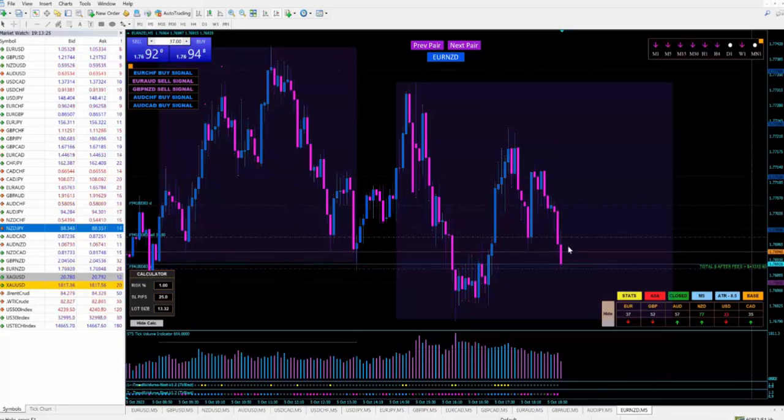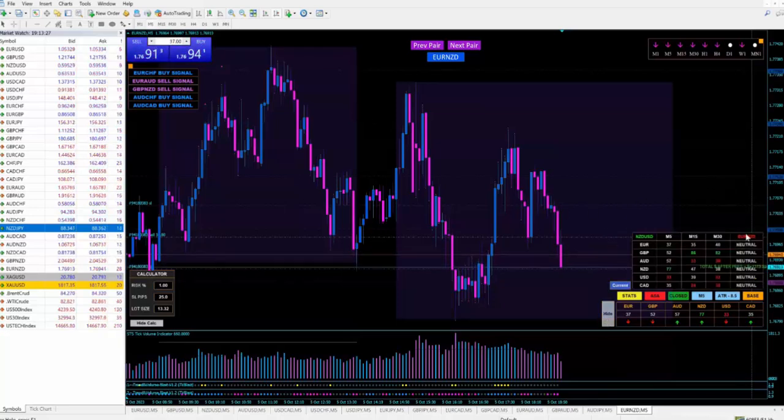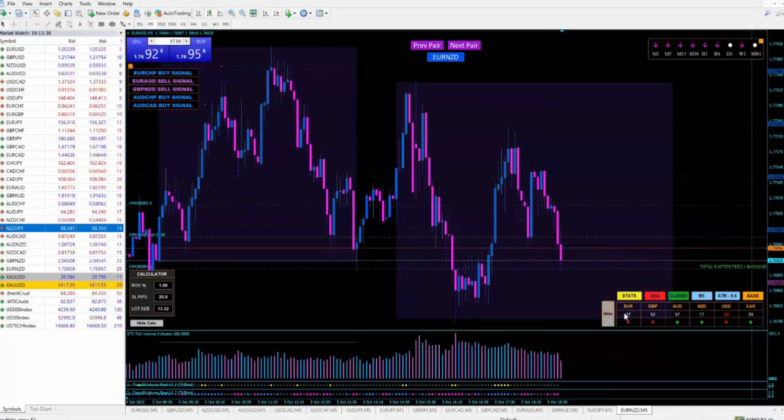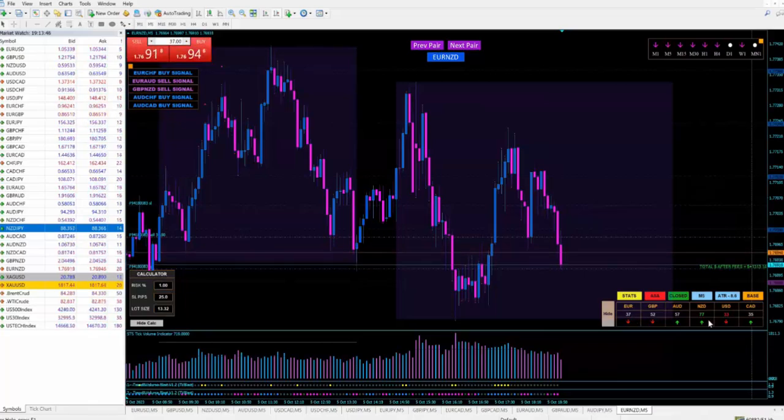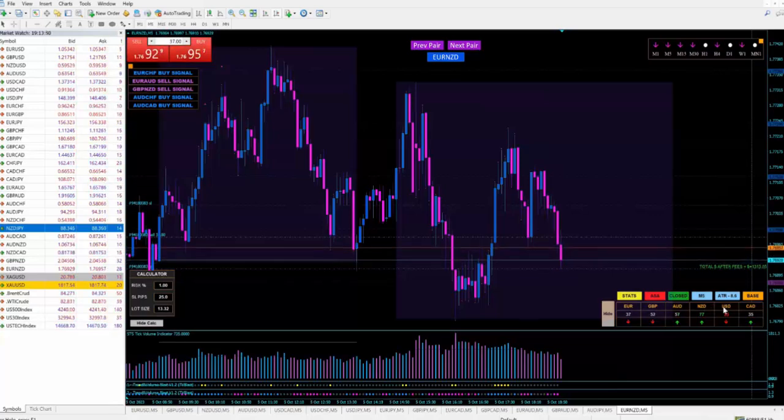Okay, so this trade really came from the scanner right here. Now, I'm not even using the multi-time frame function. This reading of Euro NZD as a sell signal and NZD USD as a buy signal came strictly from the 5-minute time frame. How that works is it's looking at the 5-minute time frame. It's looking at the base side of all Euro pairs, GBP pairs, AUD pairs, and so on, right?